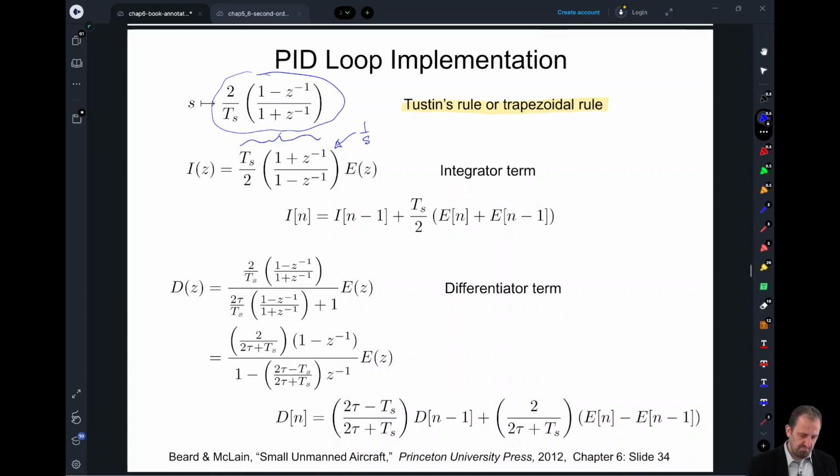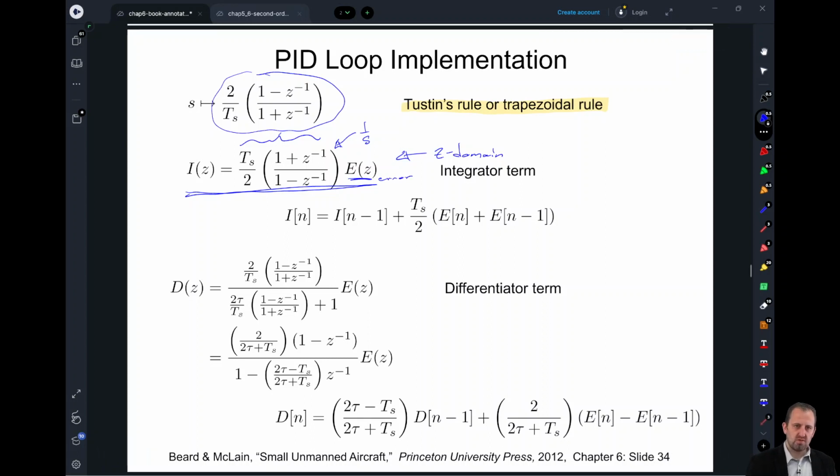Okay, so if we look at this in the z domain, our discrete frequency domain, our integrator is going to be designed as this trapezoidal rule times our error.